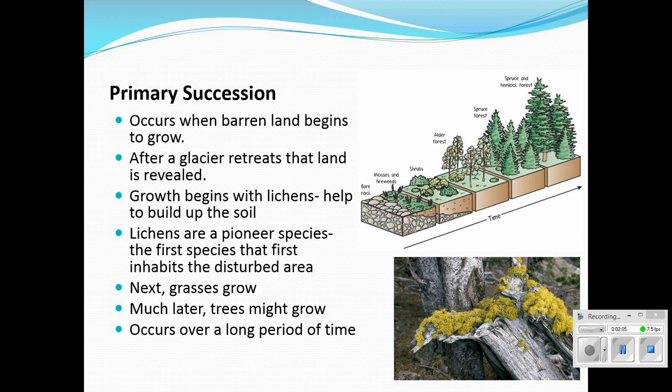But this occurs over a long period of time, like hundreds of years it takes to get from this stage of new soil and just some lichen, mosses, and fireweeds.